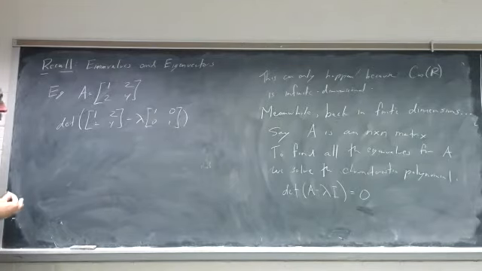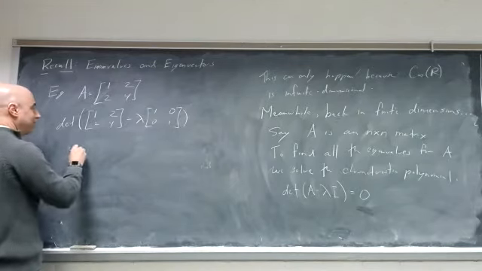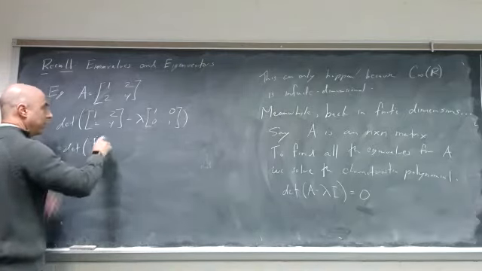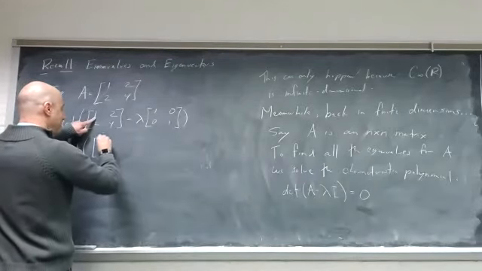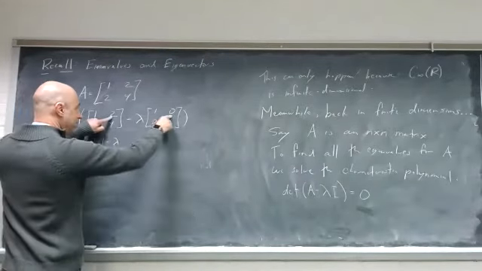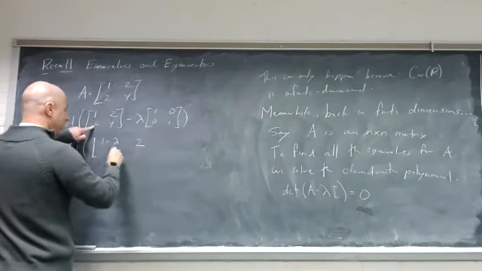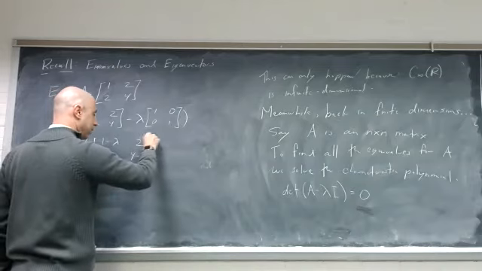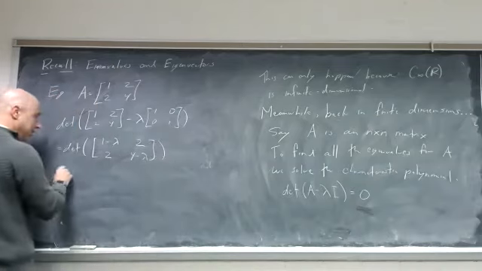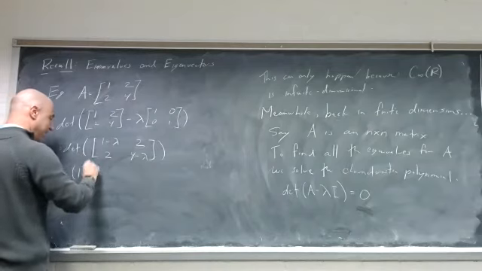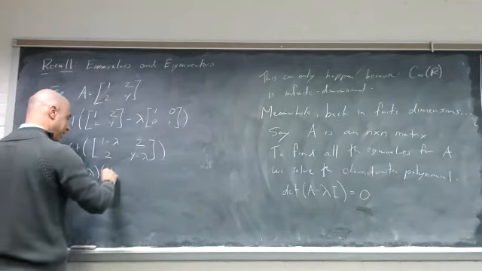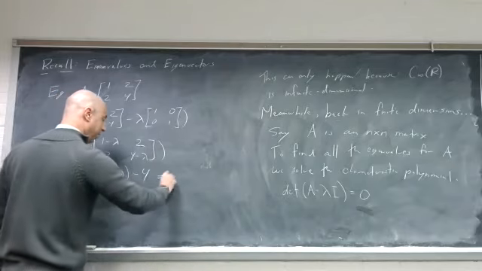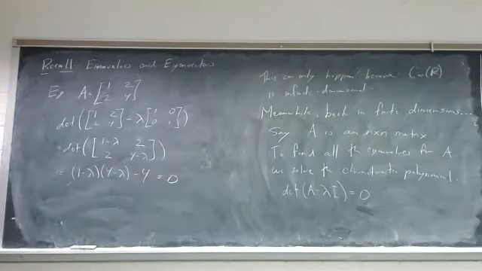We've done something like this before, not with this exact matrix. And this is the determinant of 1 minus lambda times 1, so 1 minus lambda, 2 minus 0, which is just 2, 2 minus 0, and 4 minus lambda. And so that's just 1 minus lambda times 4 minus lambda minus 2 times 2. And we'll set this whole thing equal to 0 and solve for lambda.